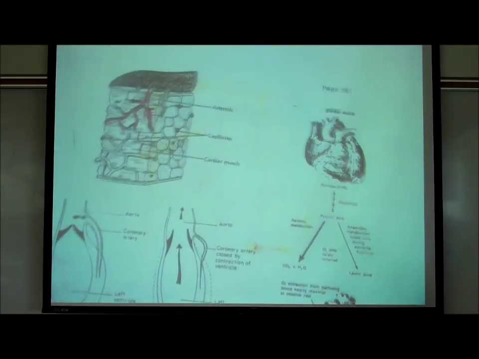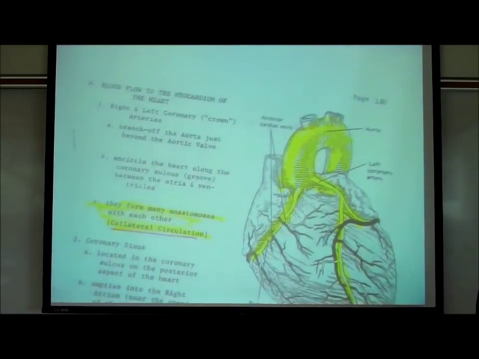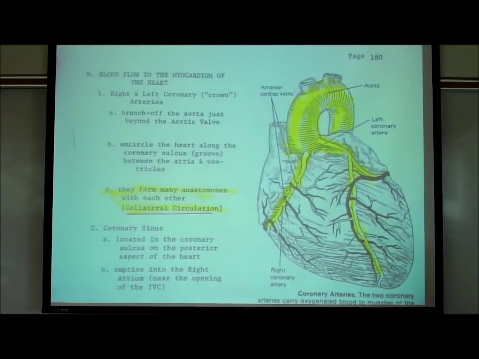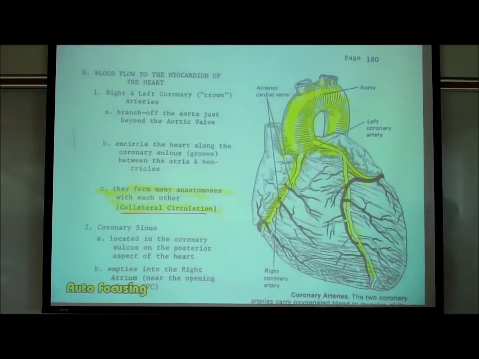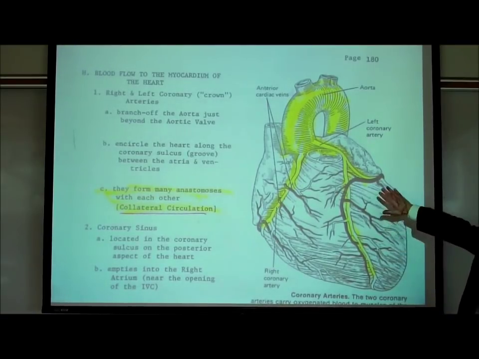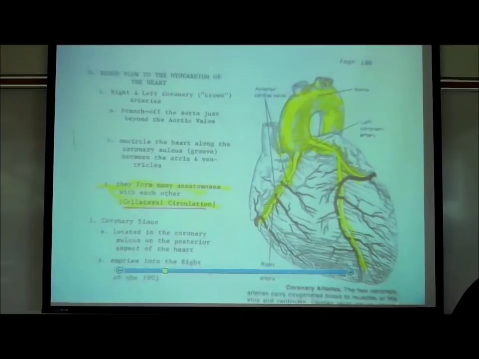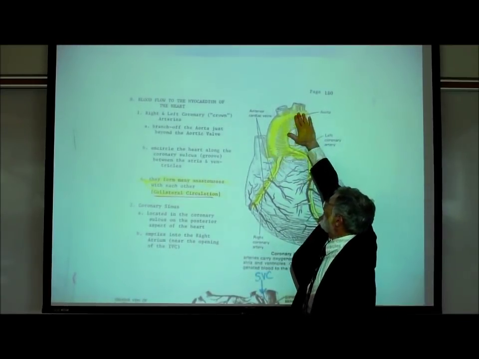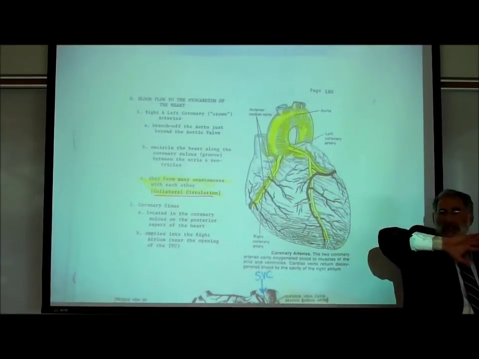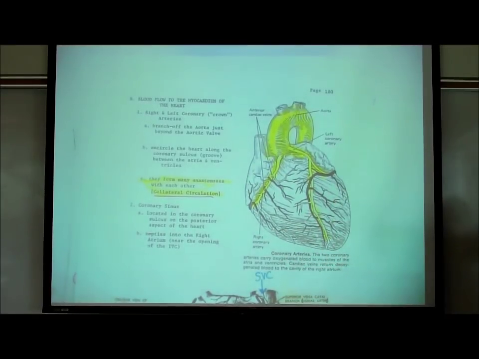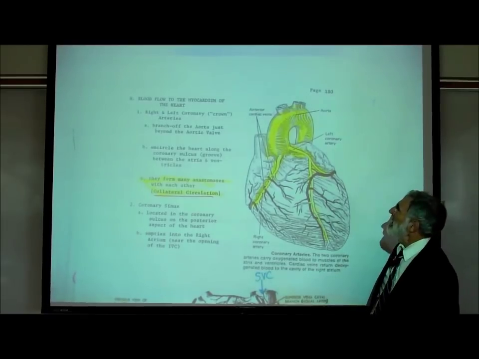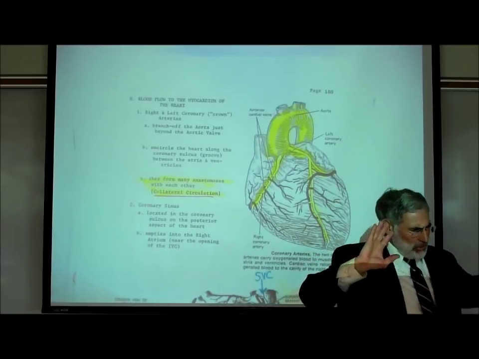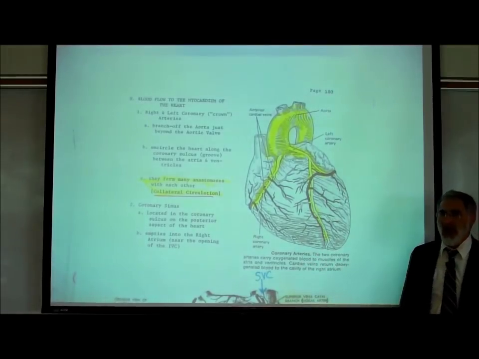But anyhow, on page 180, let's review another subject that you all covered in anatomy, and that's the blood supply to the myocardium of the heart. Now, in this anterior or front view of the heart, it shows the aorta, and the oxygenated blood is being ejected out from the left ventricle into the aorta. There are really about 100 smaller arteries that branch off the aorta.